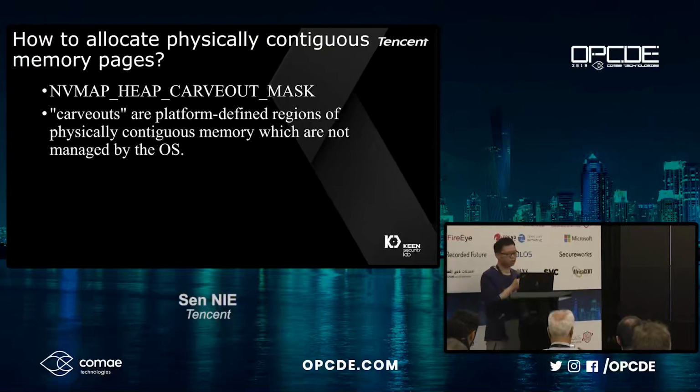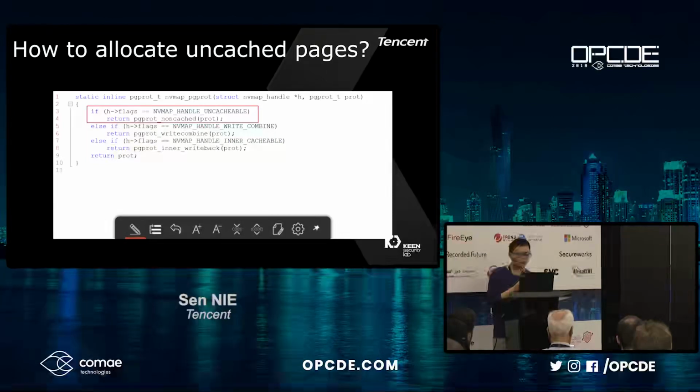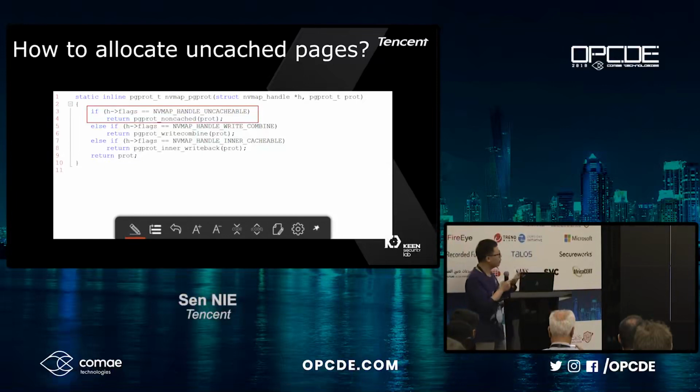So it's perfect for us. We can have the physically contiguous memory. And if we want to allocate uncached pages, we found this function. You can see here that since nvmap has its own cache management function, absolutely, I think we can have the uncached pages. So it seems very good for us.